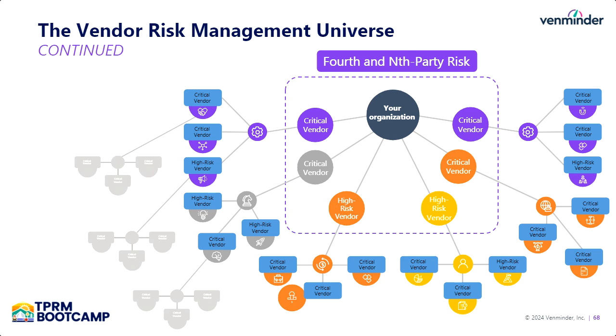So therefore, it is very important that you have a strong third-party management relationship with your third-party vendors to ensure that they have all of these nth parties under control and doing the things you expect them to do just as you expect your third party to do. So we're going to talk more about that on the following slides.